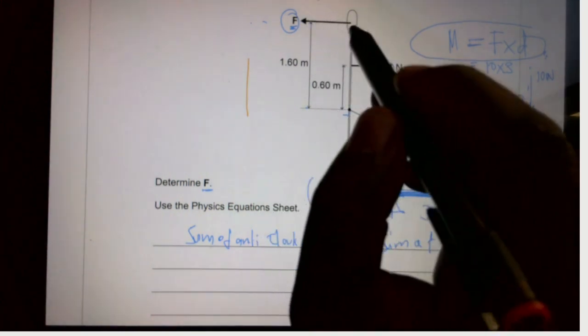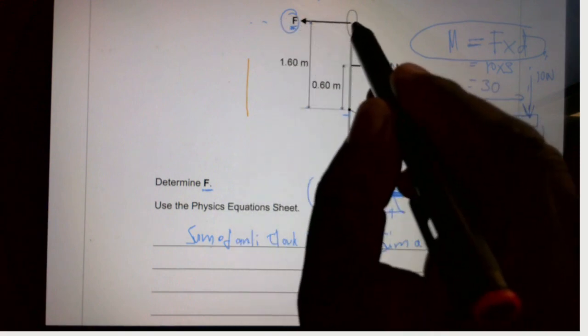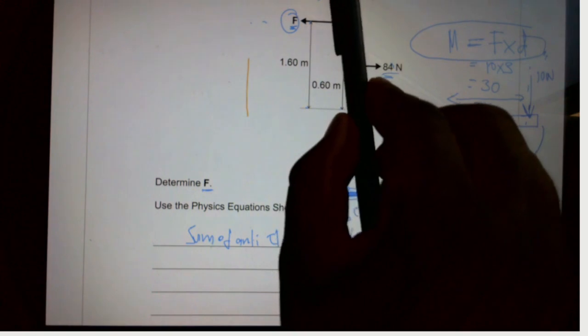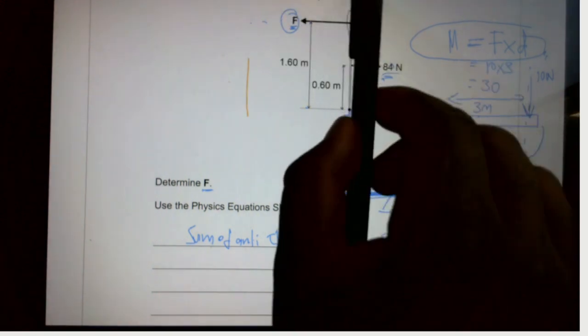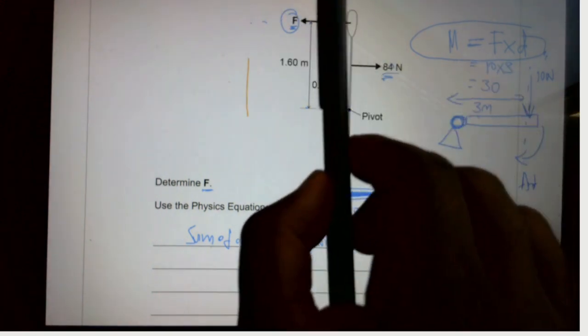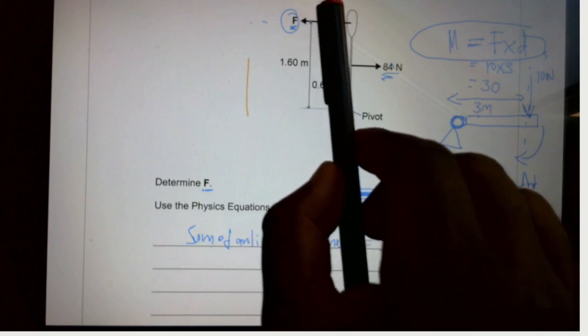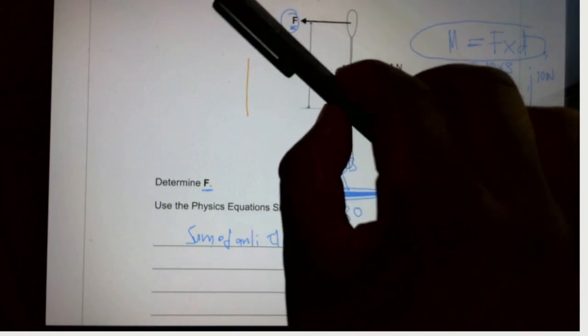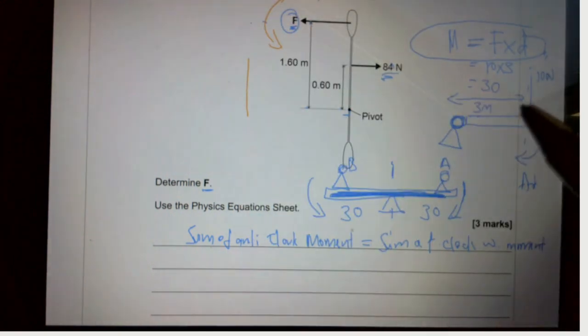Now let us check this. When this force is applied on the paddle, it will rotate in this direction. This is the paddle. If only this force was applied, the paddle would rotate in this one direction.